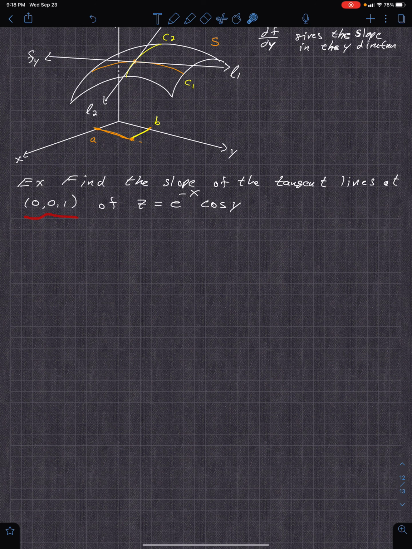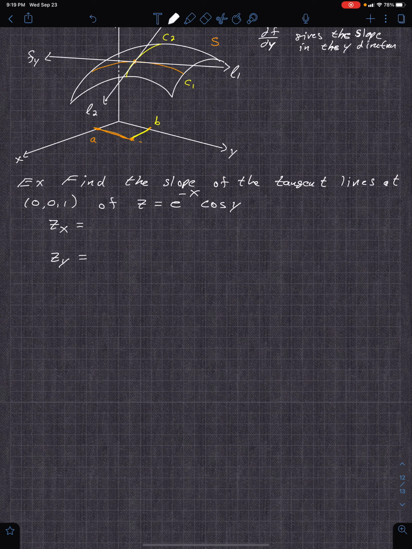Does this actually satisfy this? And it does. Okay, so try it. I'll do my little thing again, so try it. So take your partials, partial z x, partial z y.